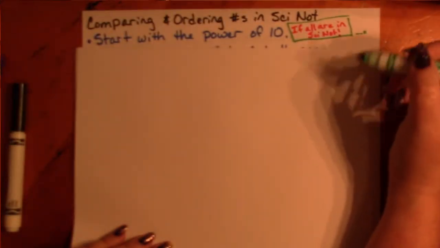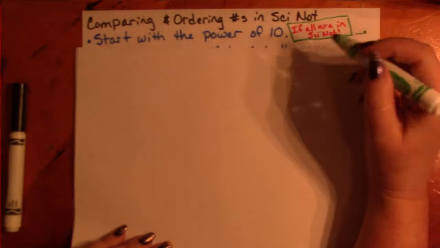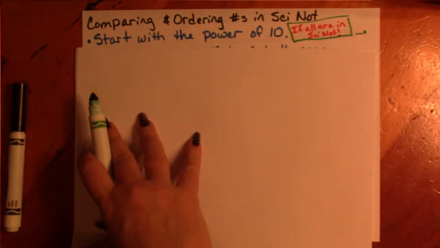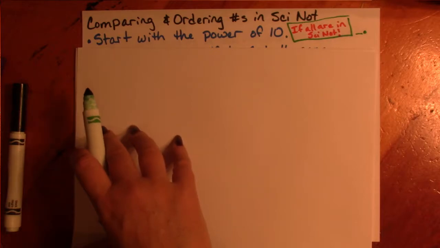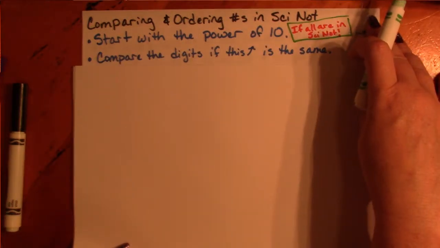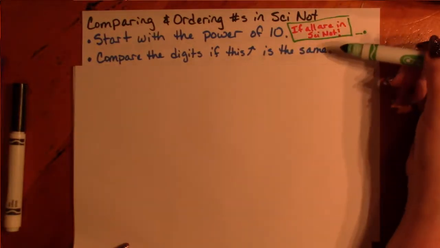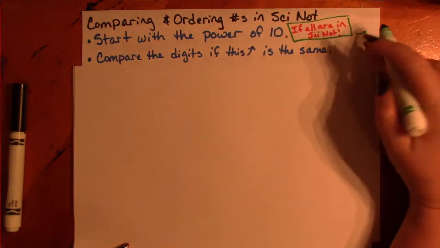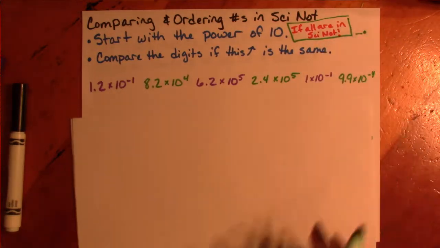So you're comparing apples and apples. That's good. You're going to look at all the powers of 10, and you're going to pick the smallest one, which is going to have the smallest exponent of 10, and work your way up. And some of them are going to have the same exponent, so then you're going to have to compare the digits if the power of 10 is the same. Okay? Let's look at an example.